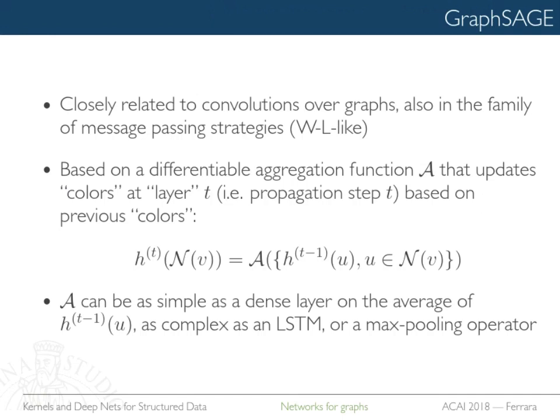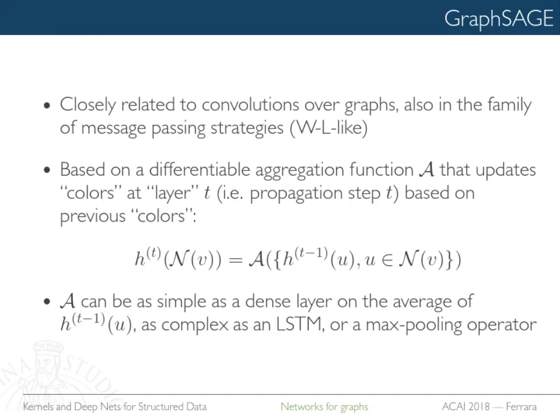It is very similar to convolution over graphs and to Weisfeiler-Lehman lemma strategies and to the graph neural network model by Gori and Scarselli, except it's an evolution of that idea, to some extent, where basically they use a differentiable aggregation operation on the neighborhoods, whatever it is.